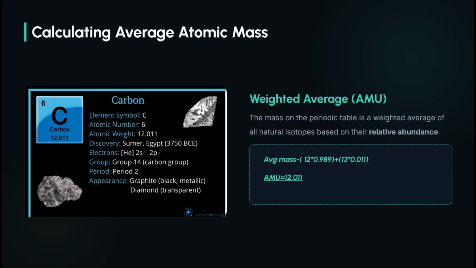Carbon-12 is 12 multiplied by its abundance, plus the other isotope's atomic mass multiplied by its abundance, and so on and so forth, depending on how many major isotopes there are. In this case, the AMU of carbon is 12.011, not 12 exactly.